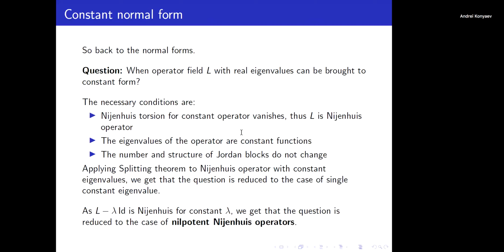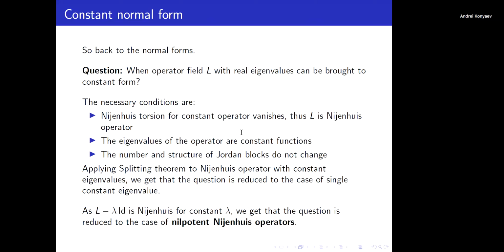The other necessary condition, of course, is that the eigenvalues of the operator are constant functions. It means they do not change from point to point. The same thing: the coefficients of the characteristic polynomial are constant functions. And the other necessary condition is that the structure of the Jordan blocks does not change.